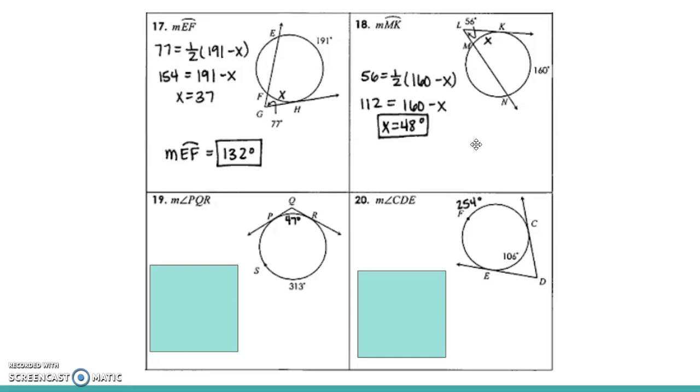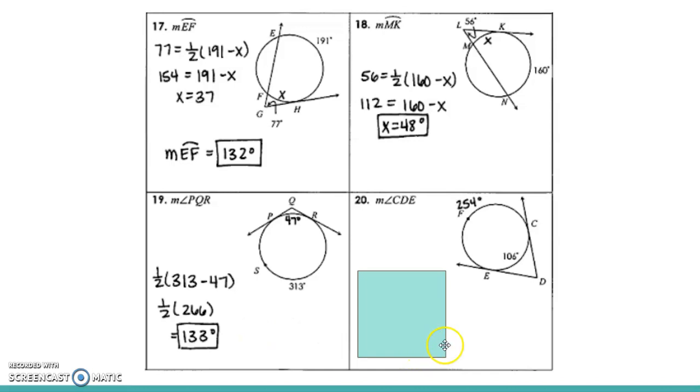For number 19, we're finding angle PQR. So PQR, I'm still subtracting those arc measures. 313 is PSR, so I can subtract that from 360 to find that PR is 47. And when I subtract those, I'm going to cut it in half to find that the angle is 133 degrees.